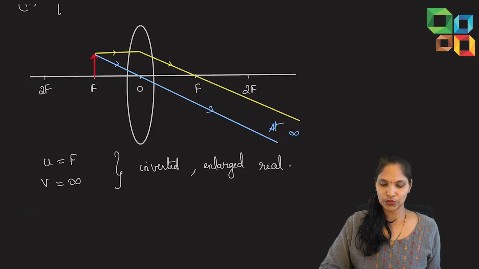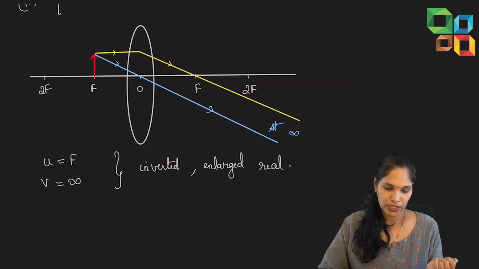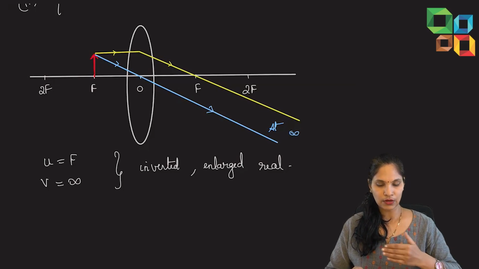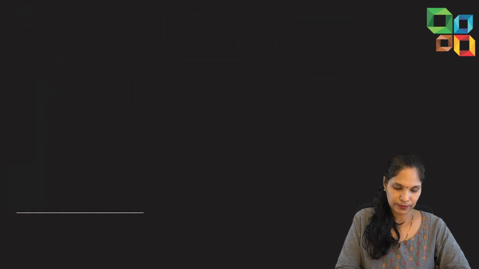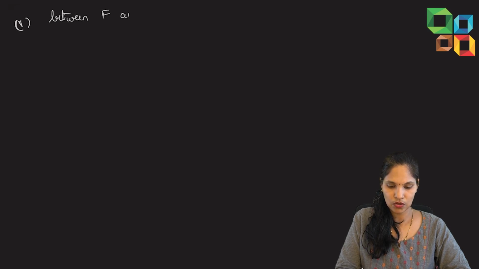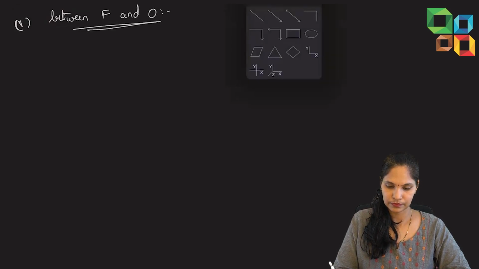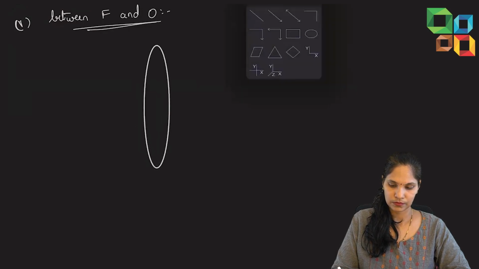One more case is there, that is between F and O, optic center. So what we had done is we had kept pushing the object front and front towards the lens. It was beyond 2F, then at F, then between F and 2F, then at F, and now between F and O. Let's go for between F and O. Draw the optic center.